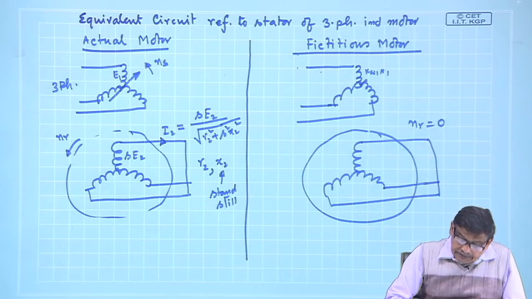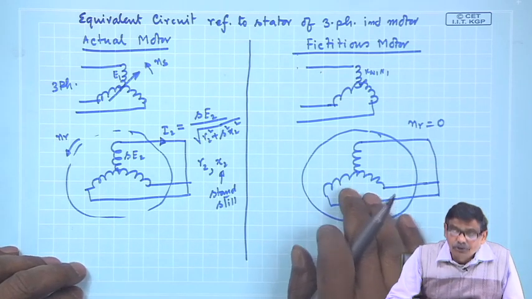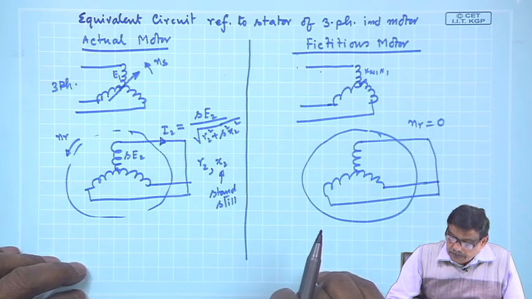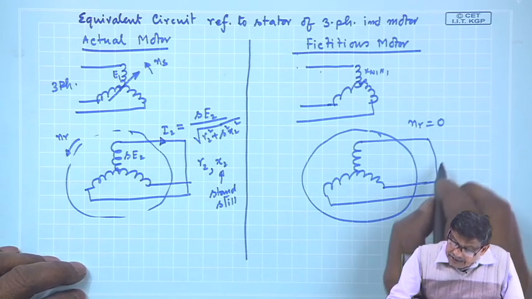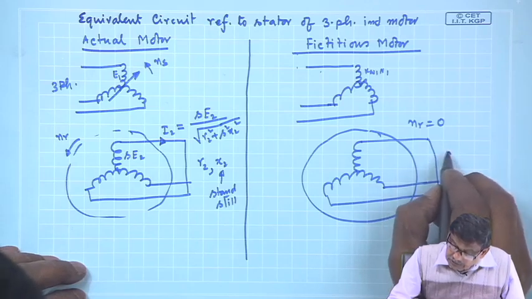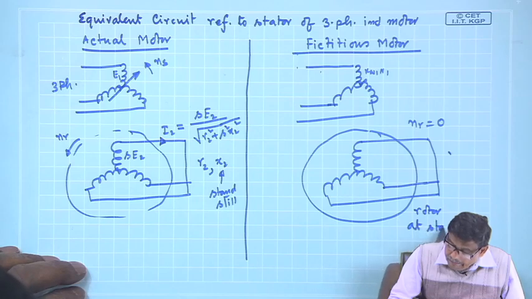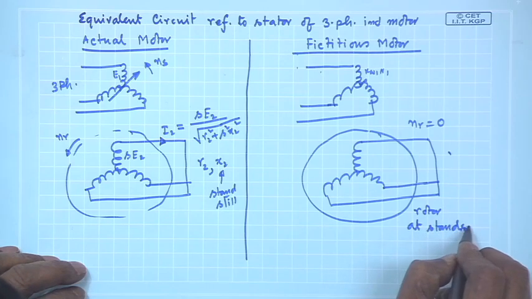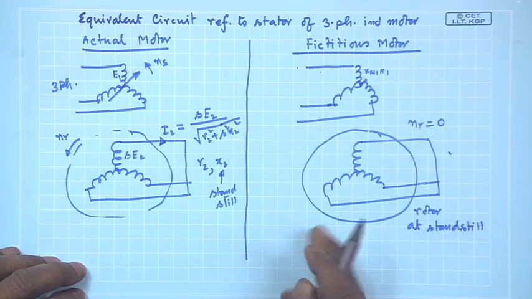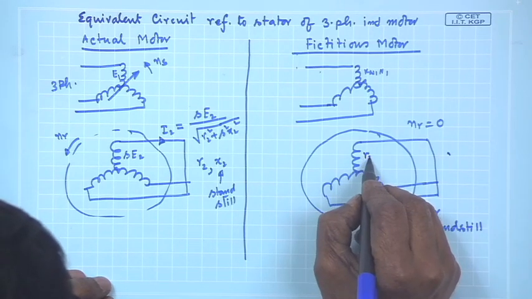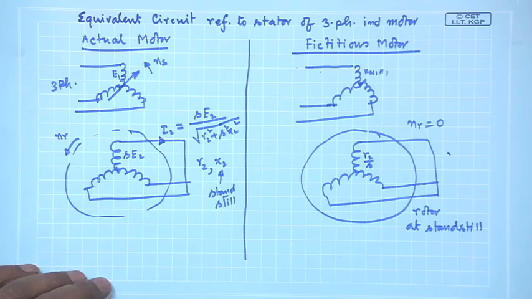I say that for this machine's rotor, I have manipulated the parameter values. How have I manipulated? Its resistance. So, it is a stationary rotor at standstill. We are imagining what will happen if the rotor winding resistance per phase is R2 by s.